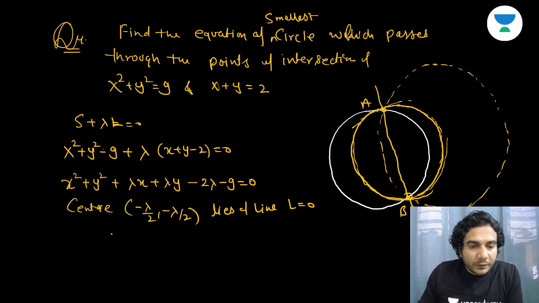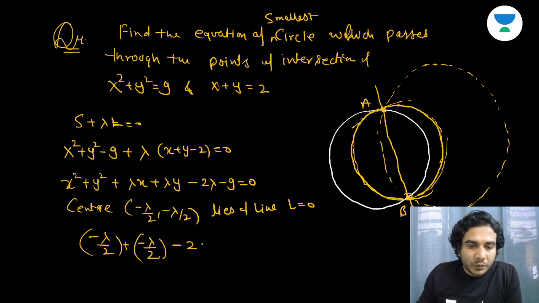So if I put in this equation, it is minus lambda by 2 plus minus lambda by 2 minus 2 is equal to 0. Now you can see it is actually minus lambda minus 2 is equal to 0. So lambda is equal to minus 2.